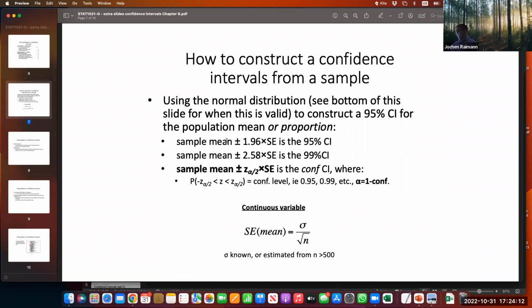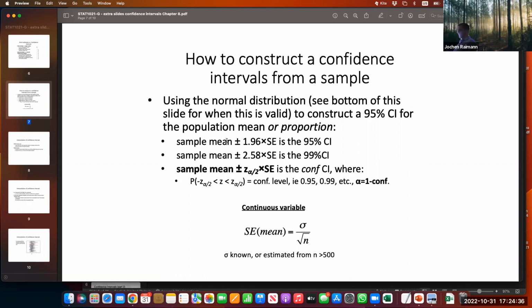So that's the so-called alpha, because we're defining a maximum of 5% type 1 error that we're willing to accept. Or we only accept 1%, then we're looking at 1% alpha.